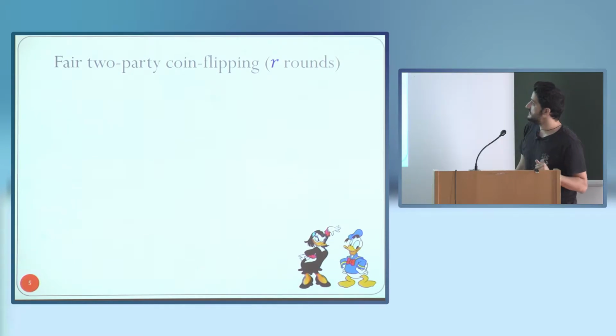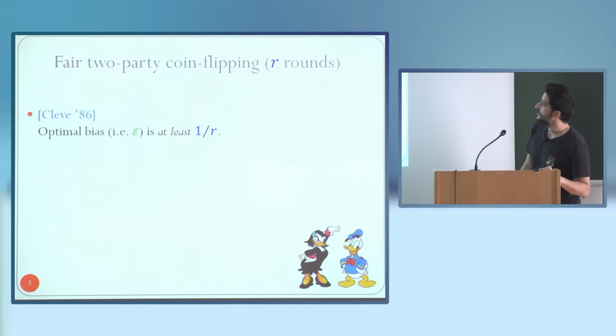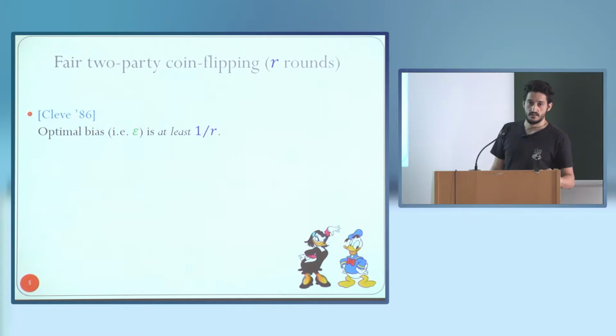Good. So let's revisit what is known about the fair two-party coin flip, so R-round fair two-party coin flip. Cleve's classic result, which rules out general fair secure computation, states that the optimal bias, the value of epsilon, is at least 1 over the number of rounds.